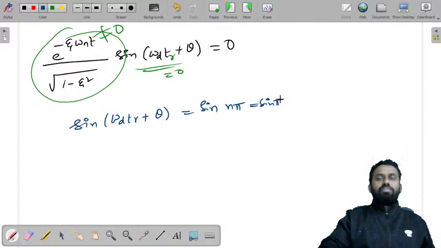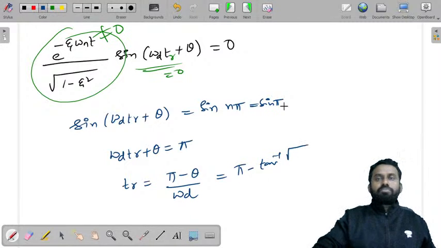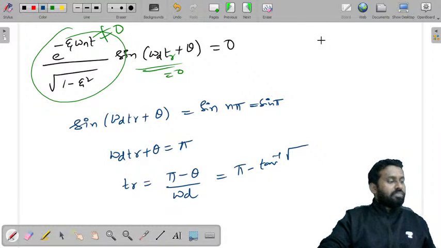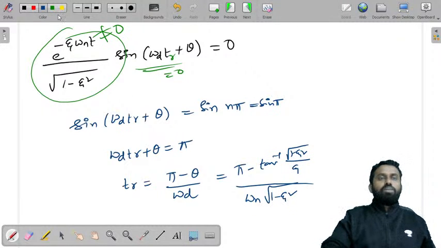So omega d tr plus theta is equal to pi, or tr is equal to pi minus theta by omega d, that is pi minus tan inverse of under root of 1 minus zeta square by zeta, divided by omega n into under root of 1 minus zeta square. So this is the expression for rise time.